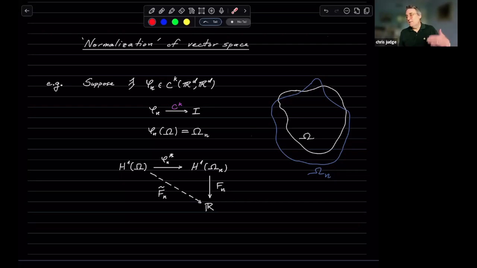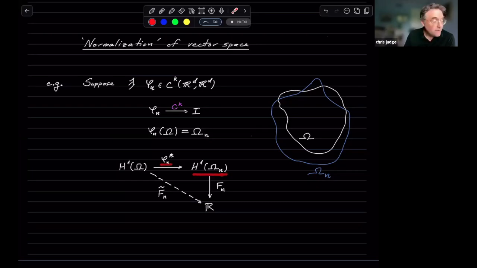There are different ways of doing this normalization of the H1, but it involves some choices, and oftentimes part of the problem is actually to do it nicely. One simple example is if you have a family of maps which take your original domain Omega onto Omega_n, with some regularity, and then you look at the pullback.